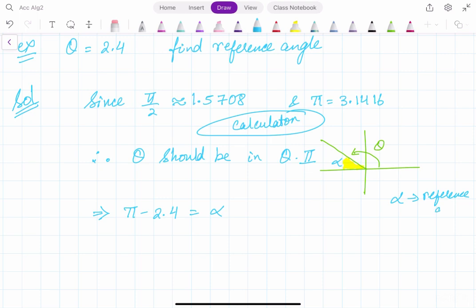That will be the reference angle. Let's calculate it. It will give you the value of 0.7416. That is the leftover part. Okay.